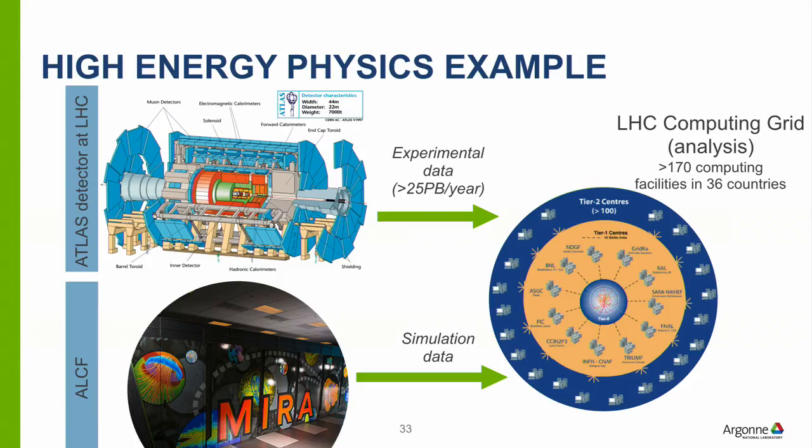So I'll talk about a second example in high energy physics. So you see on the top left, we have a picture of the ATLAS detector at the Large Hadron Collider. You'll notice it may be difficult to see, the people at the LHC and at ATLAS like to emphasize the scale of their machine by placing humans in there.